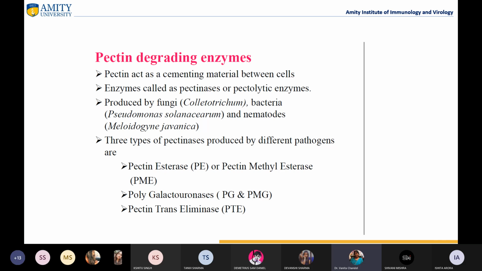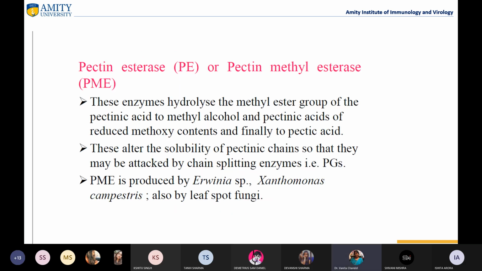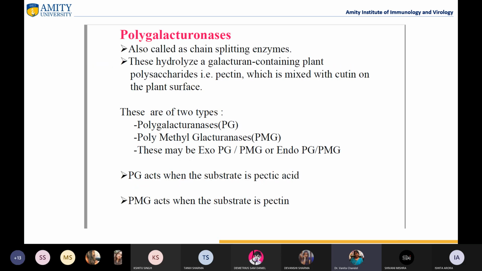So these are the different pectin degrading enzymes which are produced by the pathogens. Okay, so we'll not go into very much detail of these enzymes, right? Then we have polygalacturonases also. These are called chain splitting enzymes, right? Again, they are of many types such as polygalacturonases and polymethylgalacturonases, right?